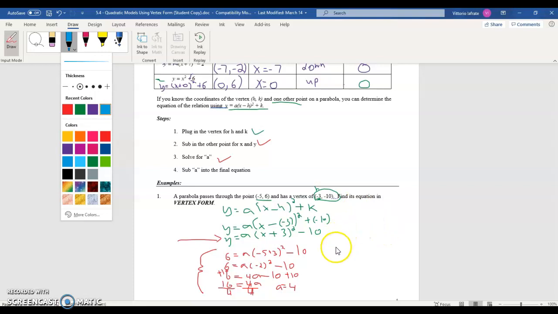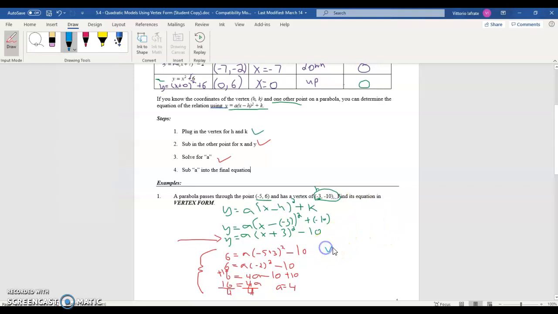So the final equation is y is equal to a, which is 4, brackets x plus 3 squared minus 10. And from this information, you can do a quick sketch of your graph to figure out how many zeros there are if you were asked that.